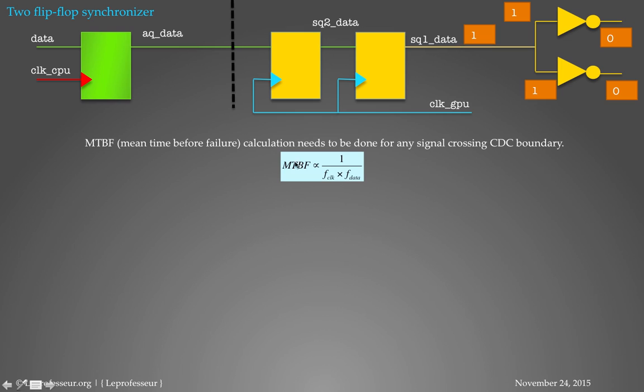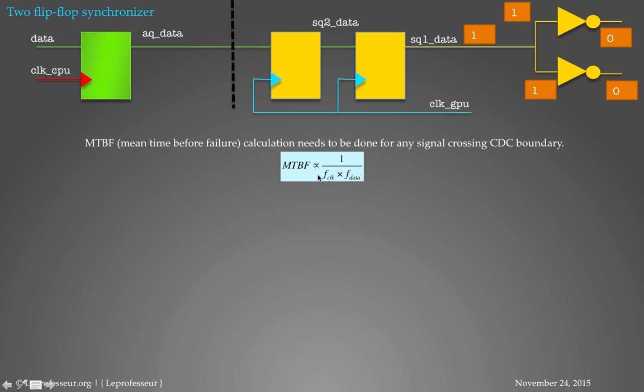So in simple sense, the MTBF is proportional to 1 over the clock frequency of the receiving clock domain and the data which this receiving clock domain is receiving, that means the async data.